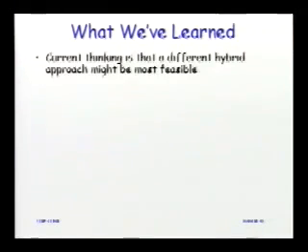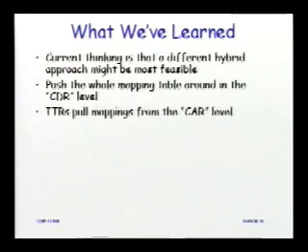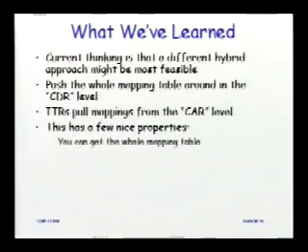So one of the things we're currently thinking is that a different kind of hybrid approach might be of interest. Now these are just ideas, right? Something like push the whole mapping table around at the highest level, and then let the ITRs pull the mappings from the CARs or maybe level 1 CDR meshes. That has a few nice properties from my perspective anyway.